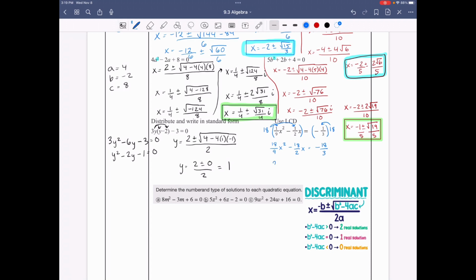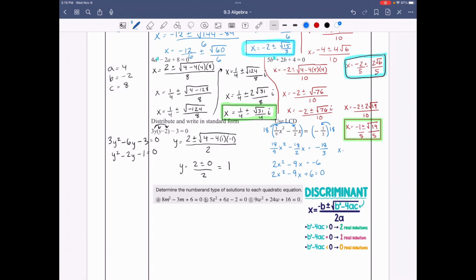The reason we multiply by 18 on both sides is because that least common denominator makes everything else cancel. So 18 over 9 becomes 2x squared minus 9x is equal to negative 6. Now we have to write this in standard form. So 2x squared minus 9x plus 6 equals 0. From here, we need to plug that into the quadratic formula.